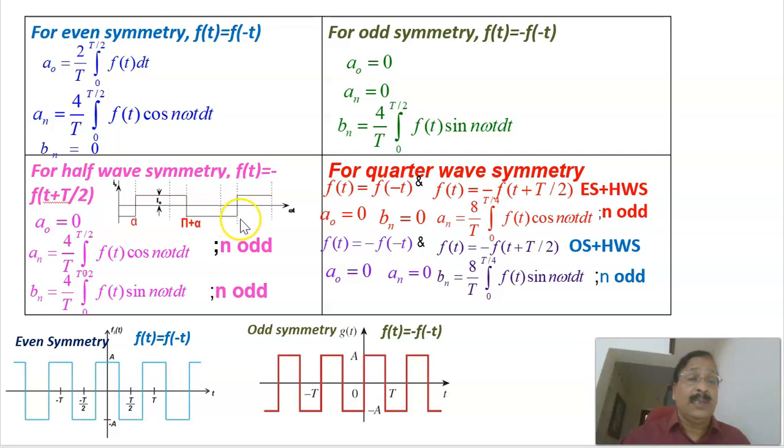For this, the equations for the Fourier constants are a0 equal to 0, an equal to 4 by T integral 0 to T/2 f(t) cos n omega t dt when n is odd, and bn equal to 4 by T integral 0 to T/2 f(t) sin n omega t dt, where n is odd. Like that, there is also quarter-wave symmetry. Therefore, these are the equations for different Fourier constants for different types of waveforms.